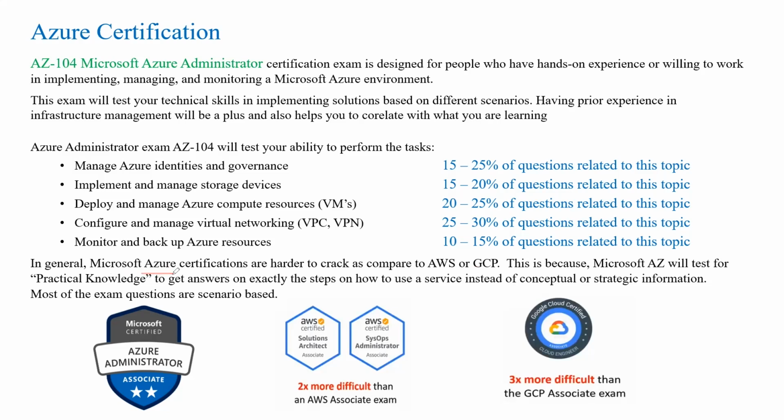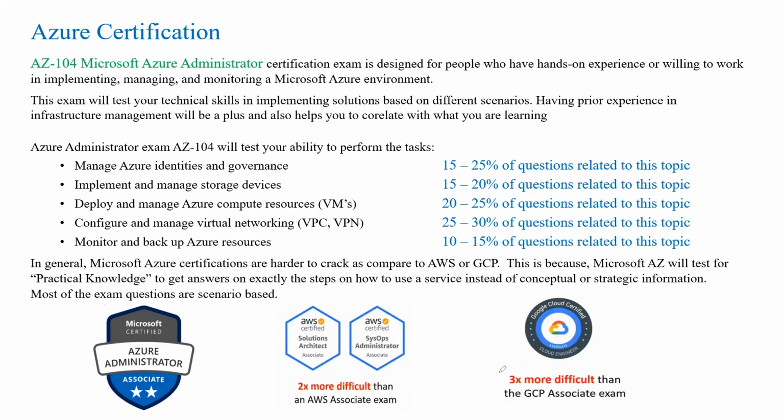And when it comes to certification, the Azure certification is at least 2 times more difficult as compared to the AWS equivalent certification. The Azure administrator is an associate level certification. The same associate level, called solution architect in AWS, is 2 times easier. AWS is 2 times easier to crack as compared to Azure.